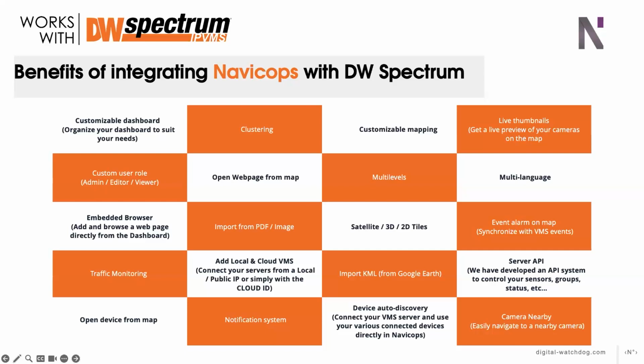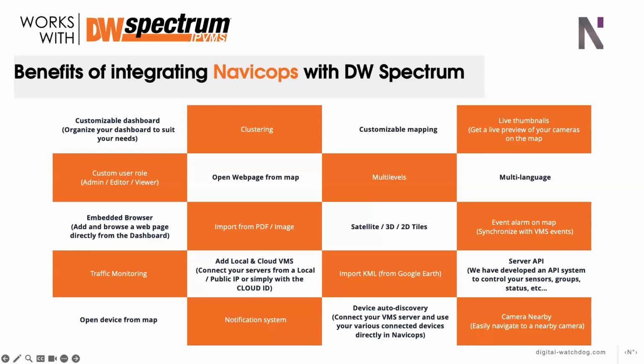You can see the live traffic. Maybe if you're a chain of service stations, it will be great to know where you will have more traffic, so you know that you need to pay attention to the cameras at your service station. We support local and cloud VMS, so you can install it on another server that is not really connected to the main VMS, and still you will be able to use Navicops.